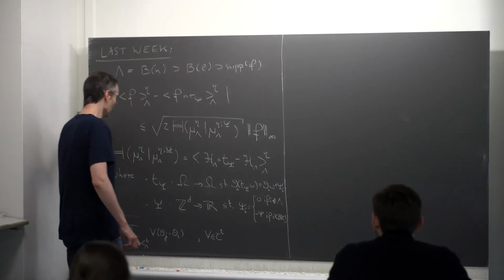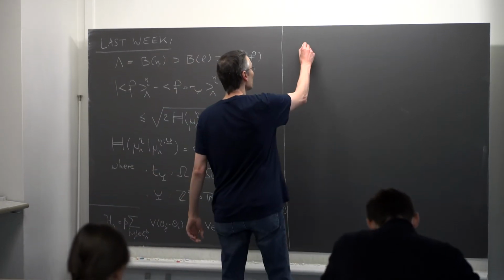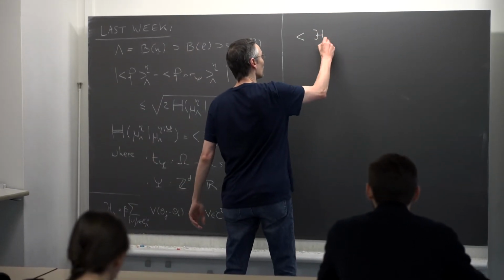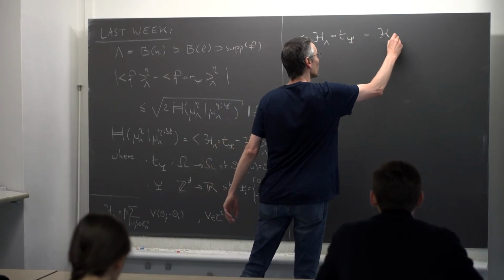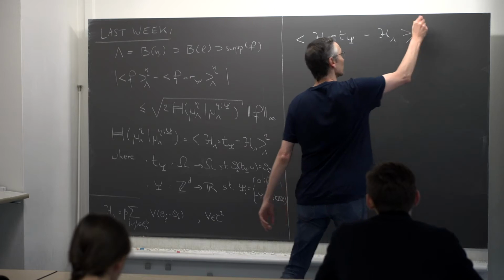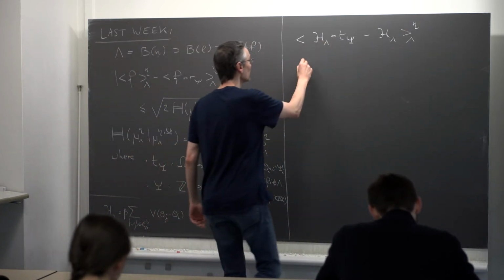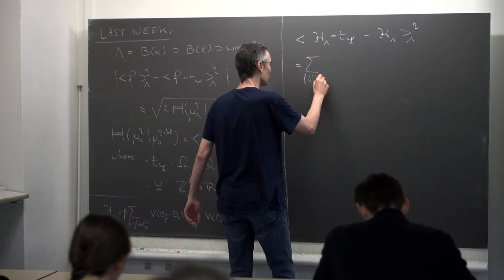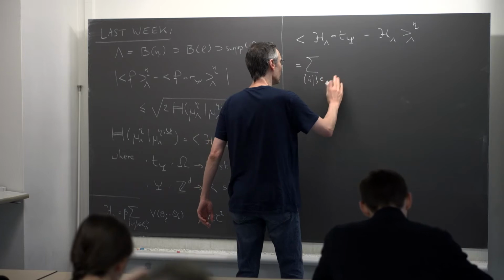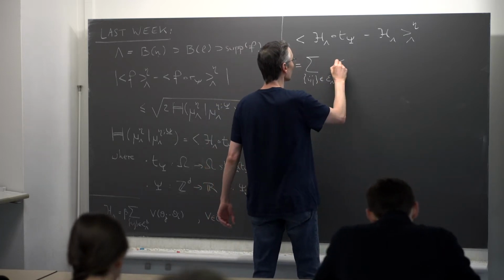So I have to study this expectation here. Let's study this expectation. We have the expectation of h lambda composed with t psi compared with the expectation of h lambda eta. Now h is here, so we can just write things explicitly. It's the sum over pairs of neighbors intersecting lambda. Then we have the expectation.